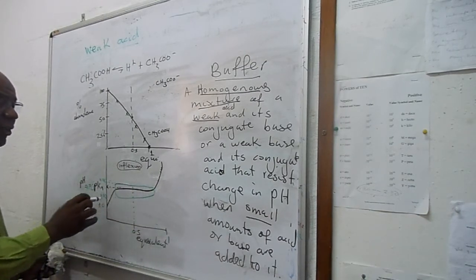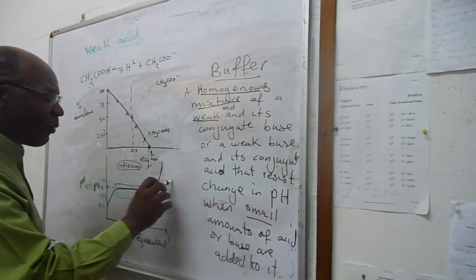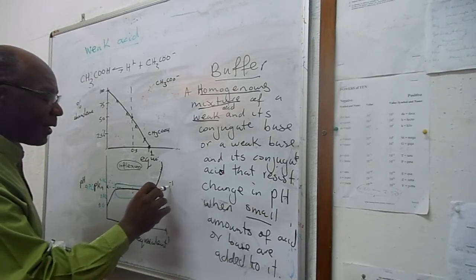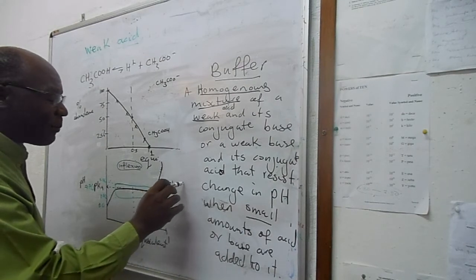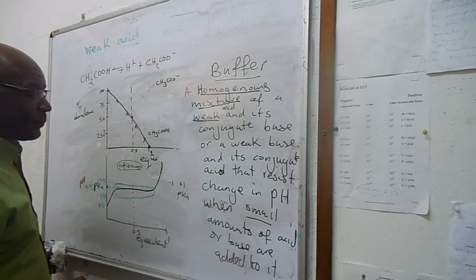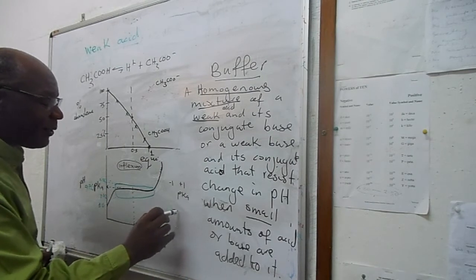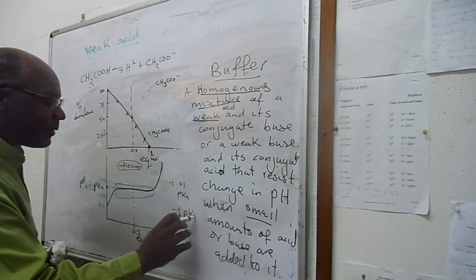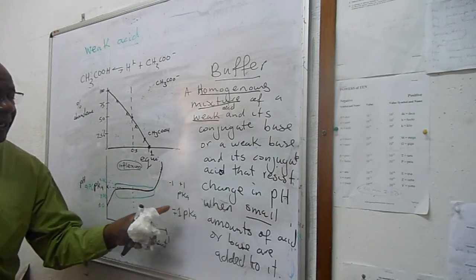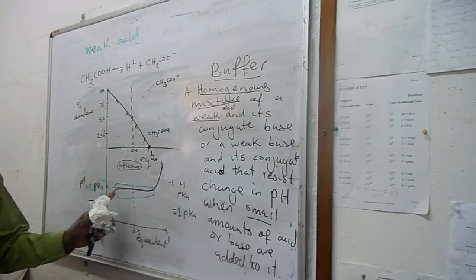The buffering region of the acid is between pKa minus 1 and pKa plus 1. Okay, when you have 1 unit less than pKa or 1 unit above pKa, that region is called the buffering region.